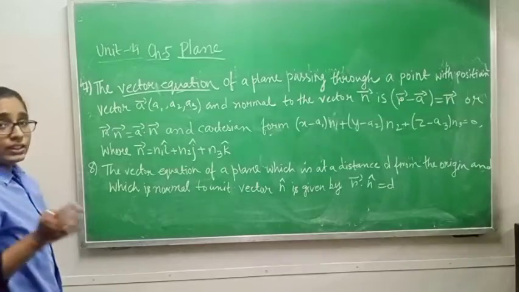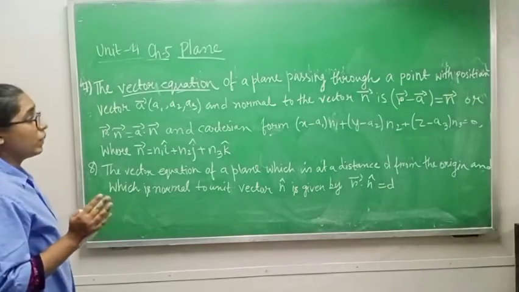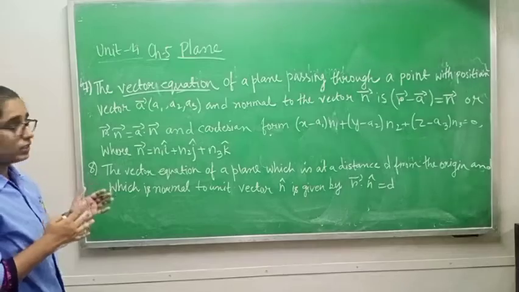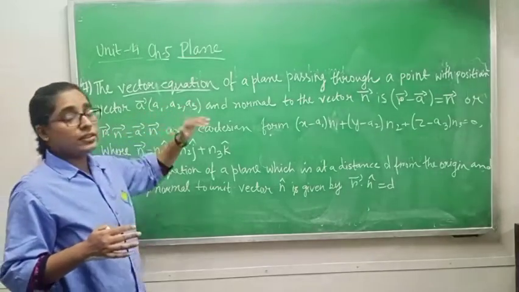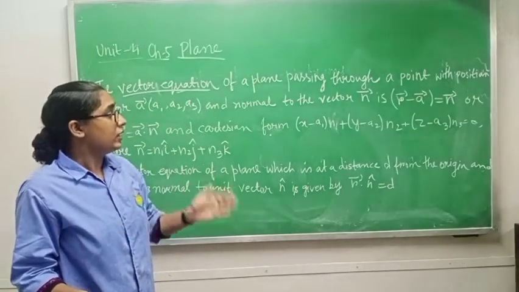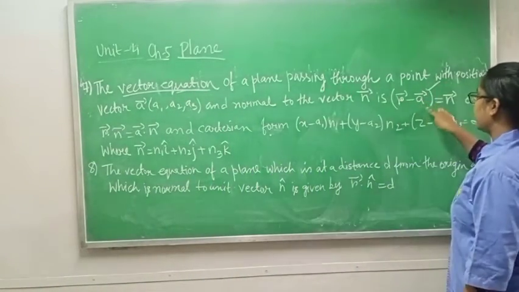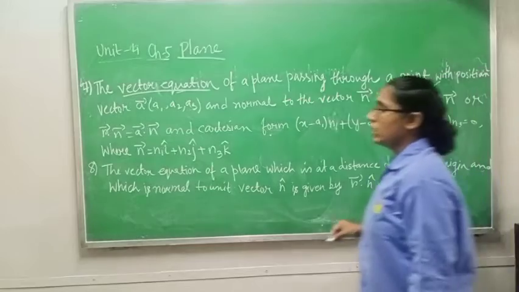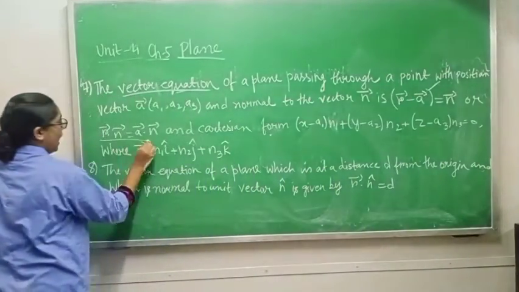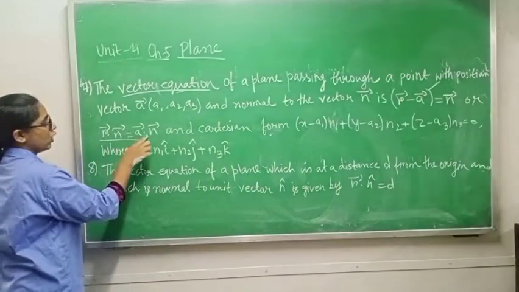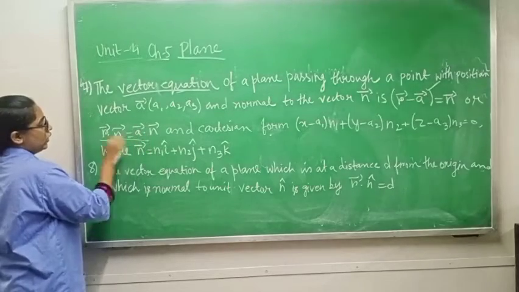So if they ask you to find the vector equation of a plane passing through a position vector a1, a2, a3 and normal to n vector, then you can use either this formula, r vector minus a vector dot n vector equals 0, or you can use this formula, r vector dot n vector equals a vector dot n vector.